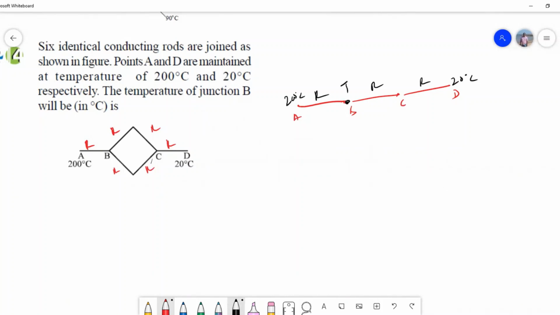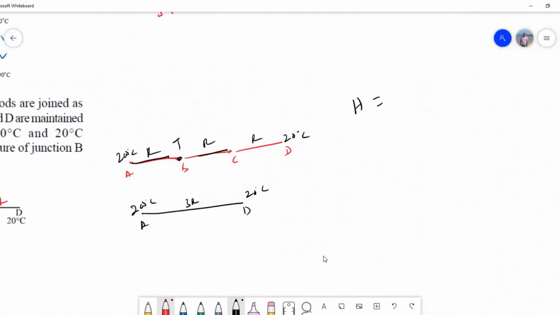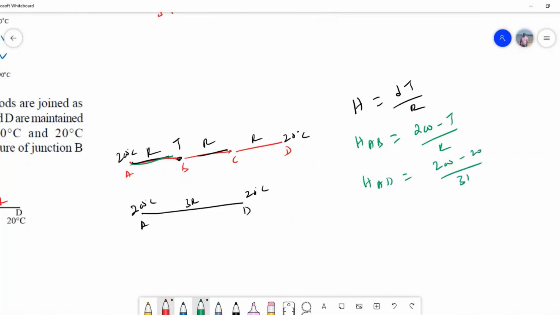Let's take it as T. Again, I take one more thing. Between A and D, I'll calculate the effective resistance. R plus R plus R becomes 3R. So this is 200. This is 20. We know heat current H is equal to dT by R. So let's find that out. Between A and B, H is equal to 200 minus T by R. Between A and D, I'll find 200 minus 20 by 3R.